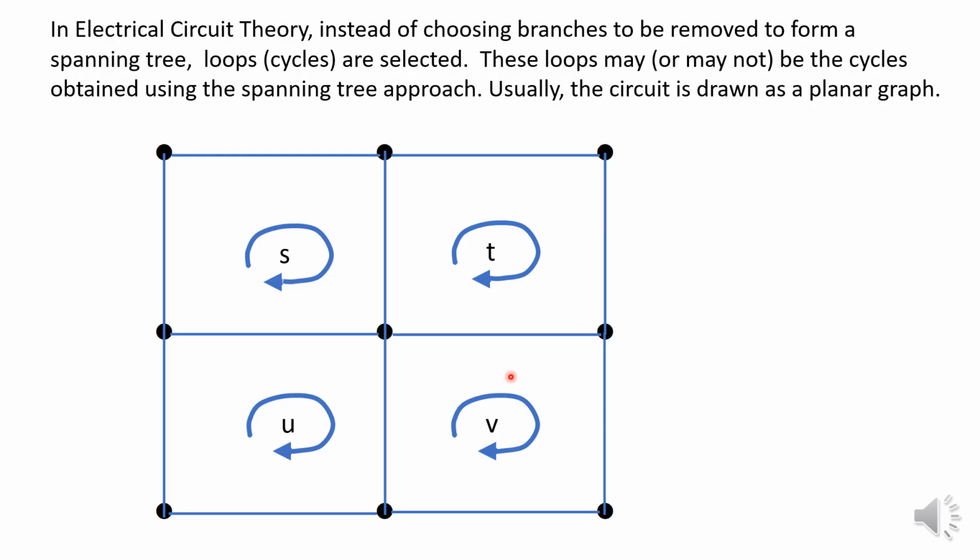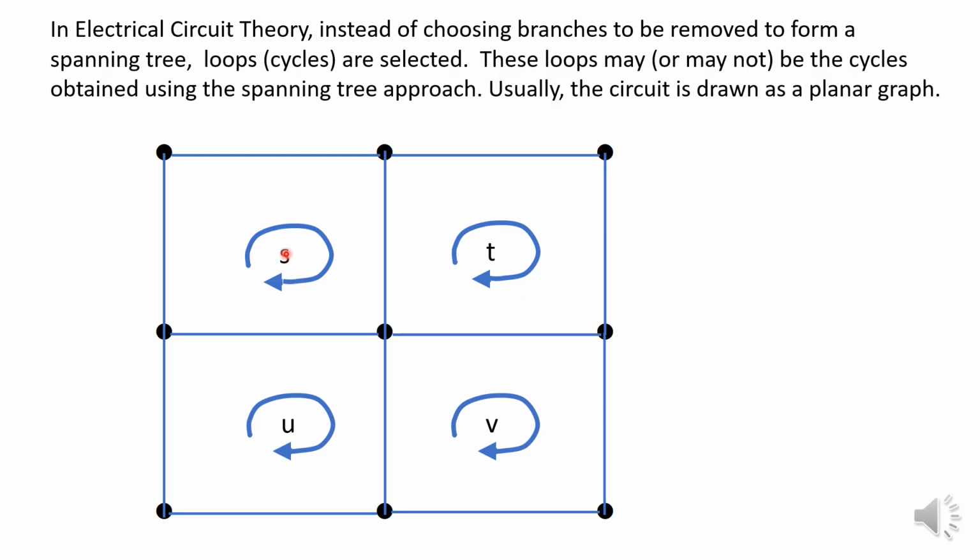So you can think of these as currents circulating, just as we had in the previous slide. You had circulation of currents represented by variables W, X, Y, Z. Think of these loop currents in a similar way to the currents we had circulating in the previous slide.